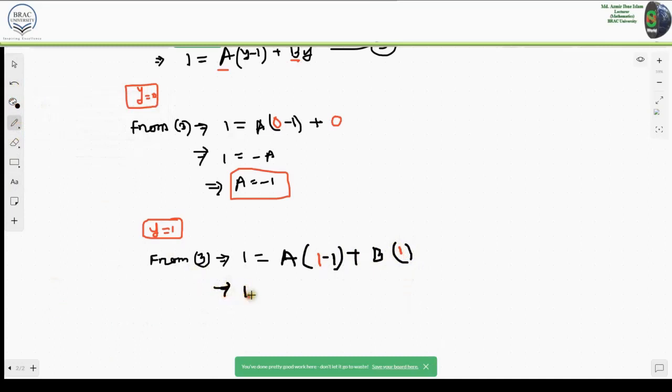So now we can write 1 equal to 0 plus b. That means b equal to 1. So we have found the second constant.